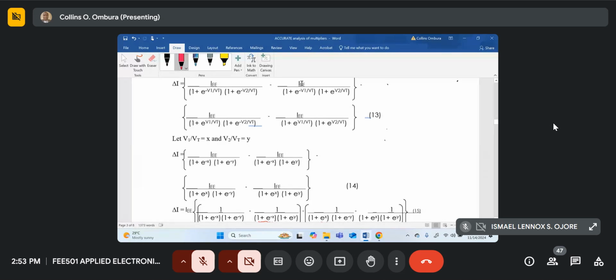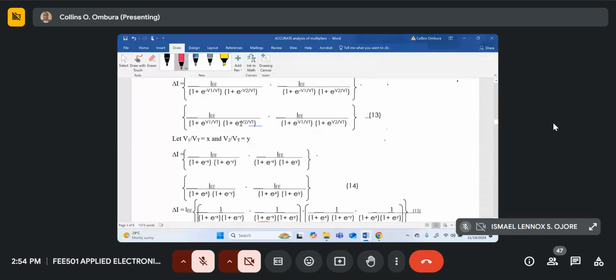Similarly, for this term over here, instead of minus V1 by Vt, we get minus X, and V2 by Vt, positive Y. Then for this term over here, we get positive X, which is this one.